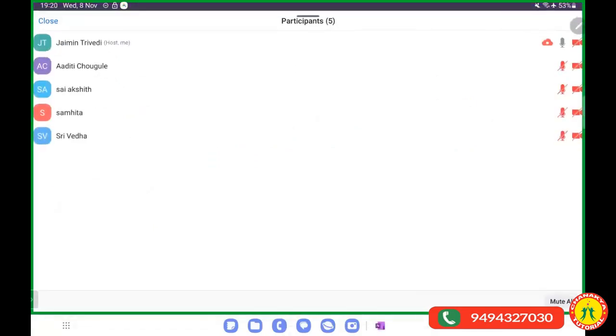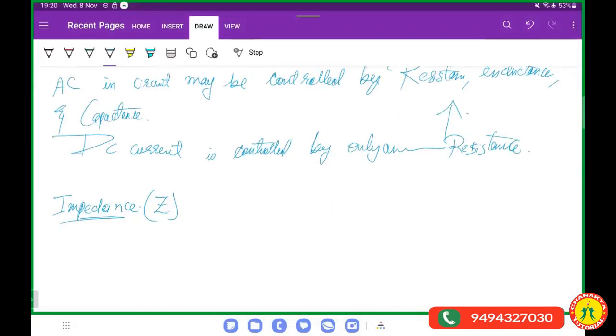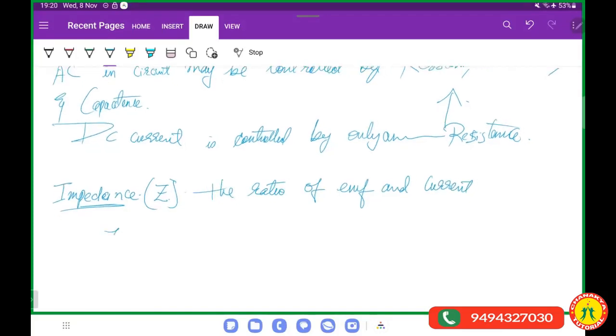I guess 12th students already know this. So what is this? Ratio of EMF and current. So Z equals E by I, or E naught by I naught, or E RMS by I RMS.